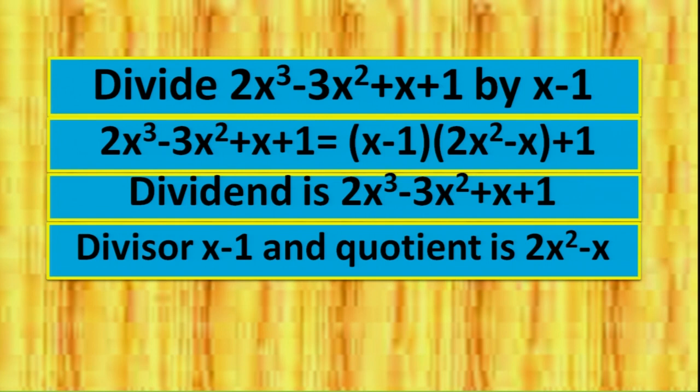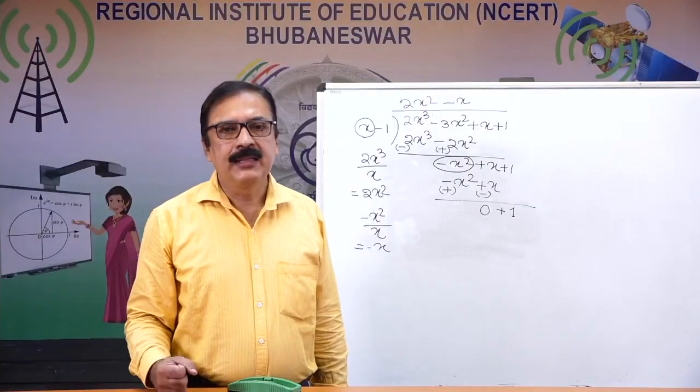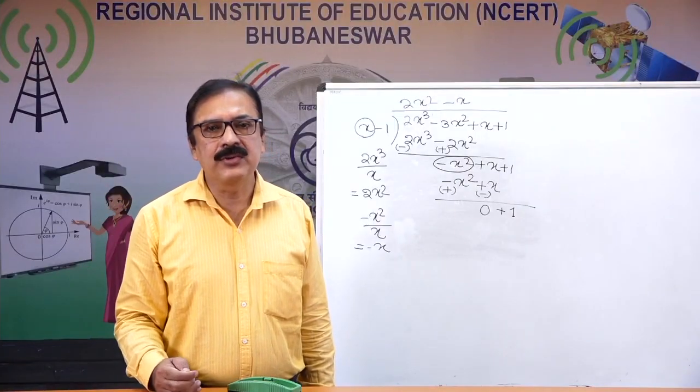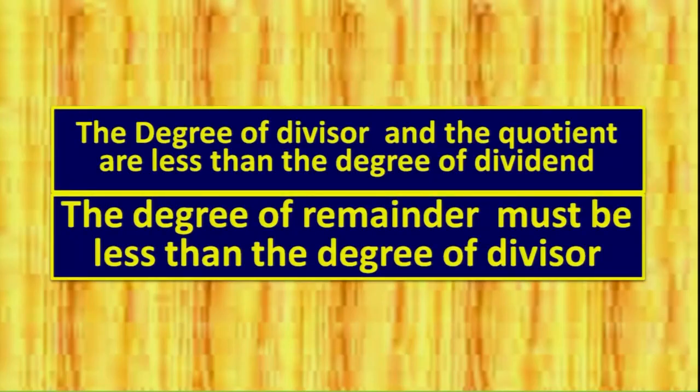The degree of the dividend is more than that of the divisor and the quotient, and the degree of the divisor is more than that of the remainder. So we can write that the degrees of divisor and quotient are less than the degree of dividend, and the degree of remainder must be less than the degree of divisor.